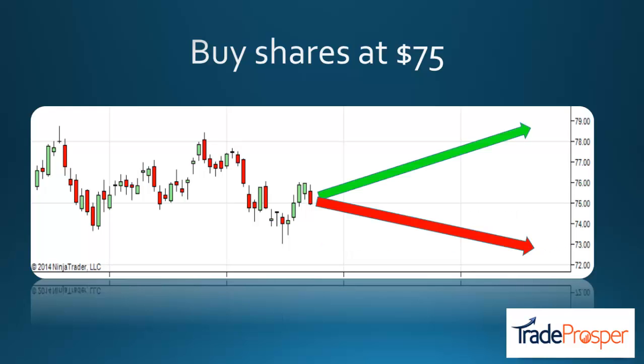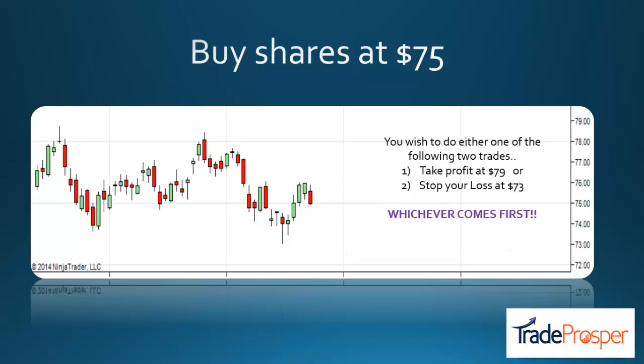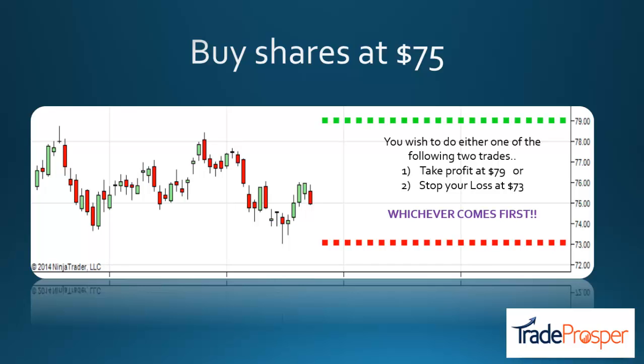So let's just recap. The market can go up or down from here. By us deciding up front where we wish to exit, in other words, take our profit or our loss, we can now, from the get-go, put an order in the system at whichever one comes first. Now, it doesn't have to imply we have to put the orders in separately, because remember, we don't know if the spot rate will go up or down from here. So how do we overcome that?